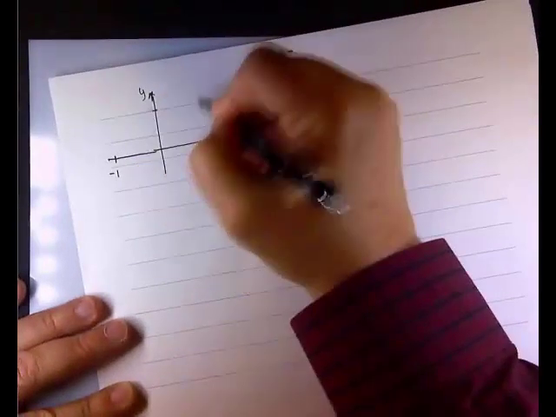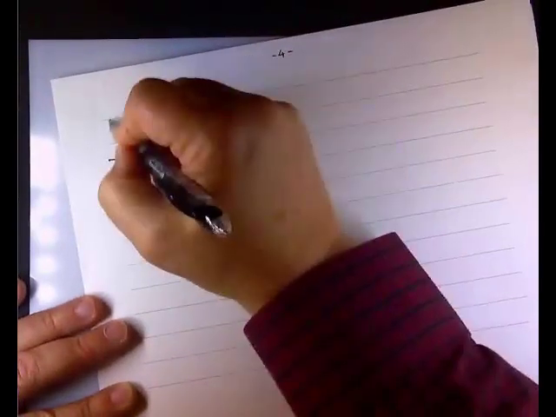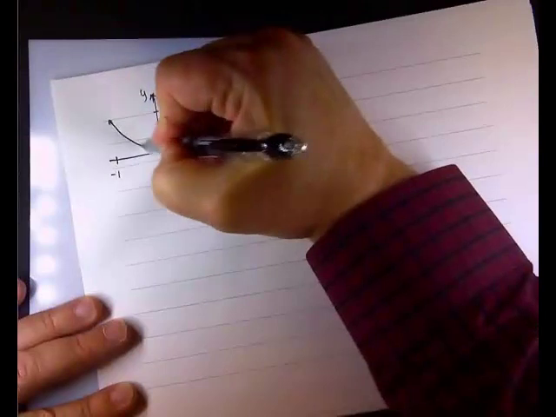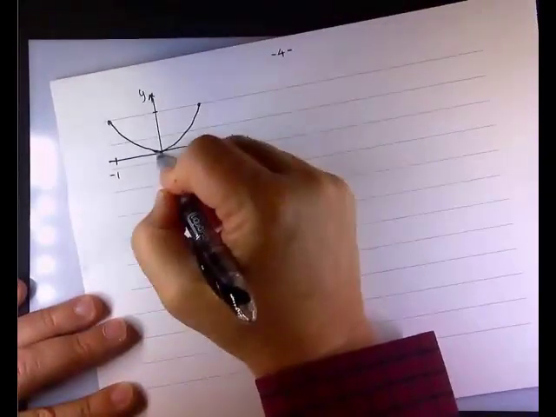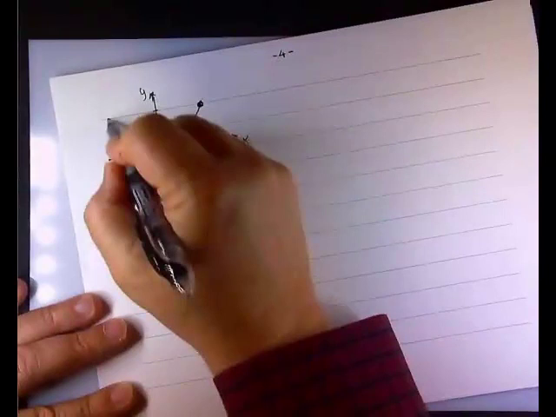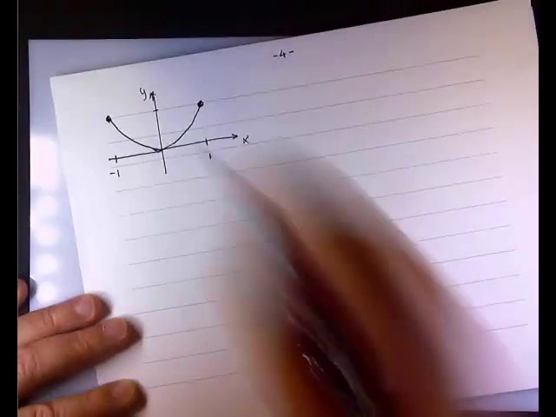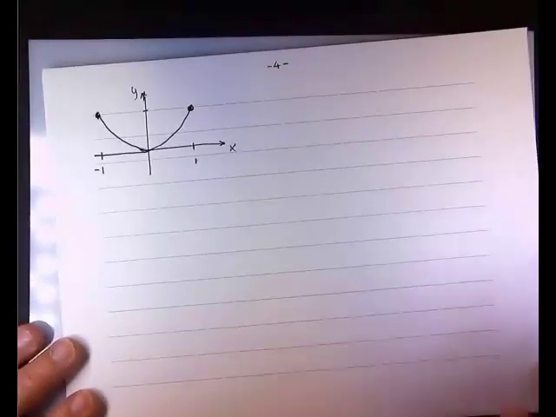Let's make x equals 1 and x equals -1 and y equals 1. So the parabola is going to look like this. It's this part of the parabola, and it has points right there, and I'm not sure what's the end point, what's the beginning point.